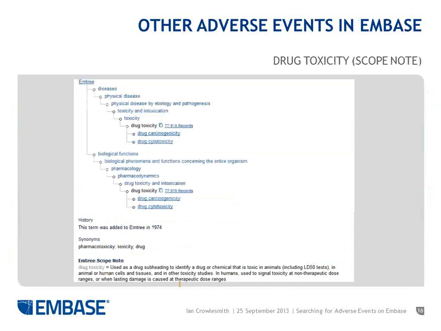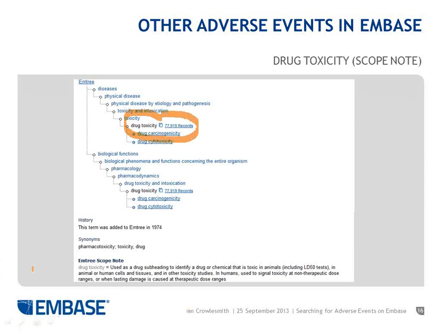Now you may be wondering what we do about the articles which refer to drug toxicity and which, you recall, were included in the MEDLINE searches of adverse effects. On Embase, we also have a subheading for drug toxicity. So I have drug toxicity here.